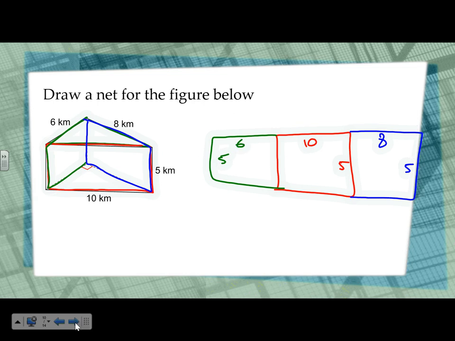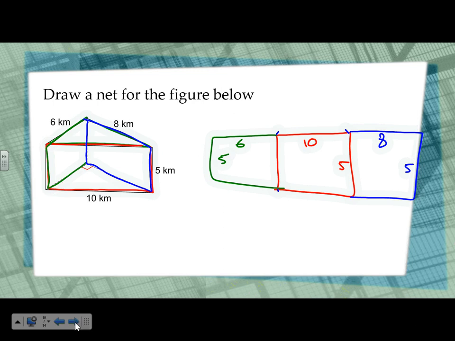And last but not least, then we have the base. Now again, I put the base on the very first front side that I started with. So I put the base here. Because I think you can make it look kind of like it looks in the picture, 6 and 8. But again, you could do that differently if you wanted to. Now again, this is going to be where you have to squint your eyes a little bit.